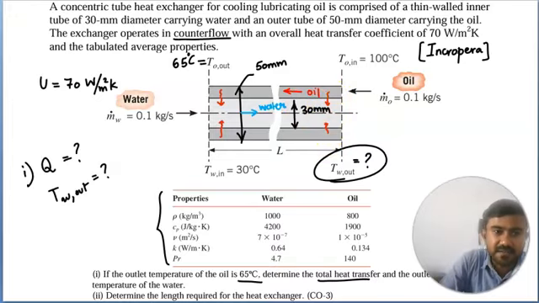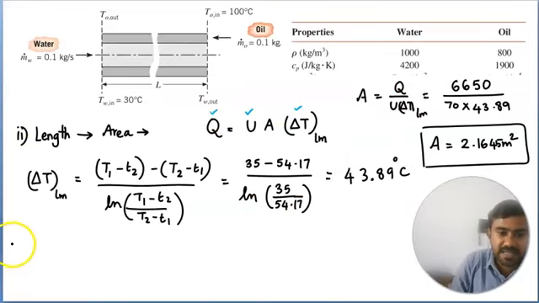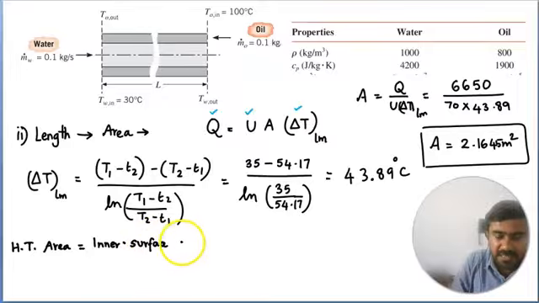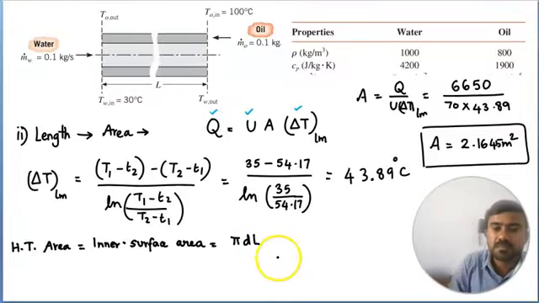So what is the area through which heat is crossing? This area, which is the surface area of the inner tube. So the heat exchange area or the heat transfer area is the inner tube's surface area, which is pi d into L.